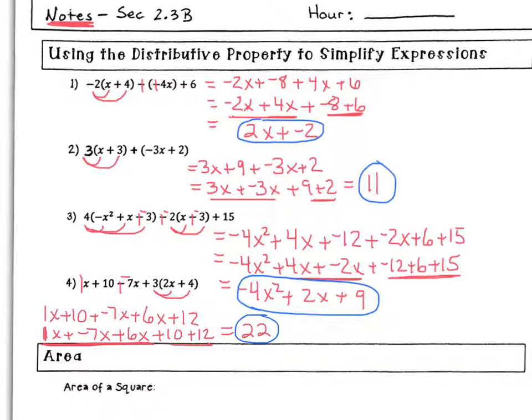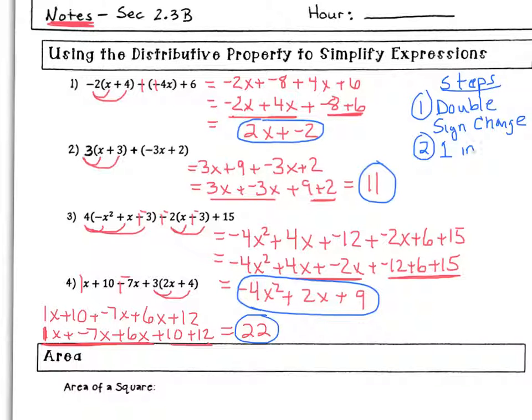Alright, so what are the steps that I just took on all these problems? So let's kind of summarize it here. Steps. First step, double sign change. That is so helpful. Second thing, sometimes you need to put a 1 in front of a lone letter. So a 1 next to any lone letters.